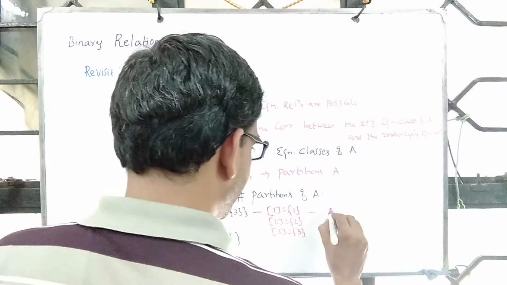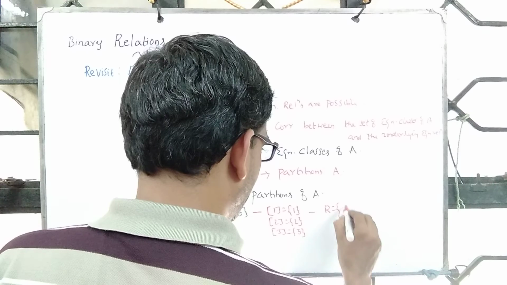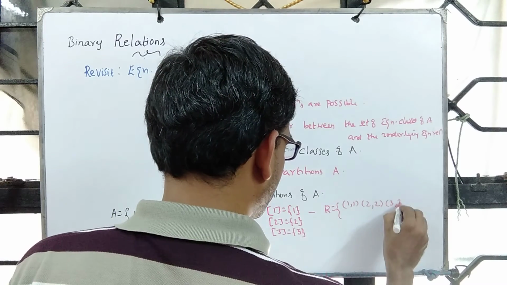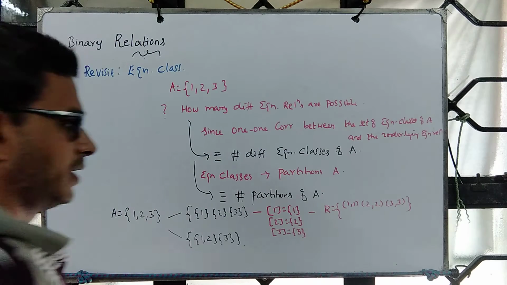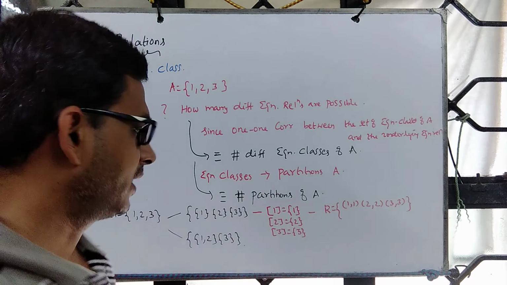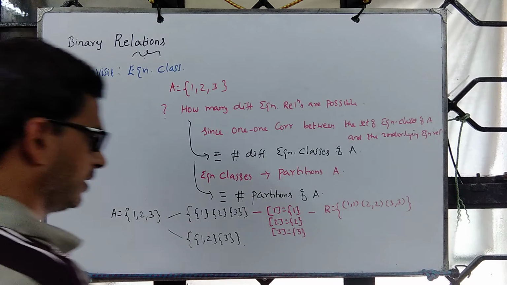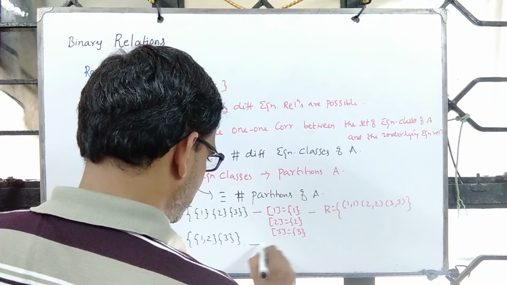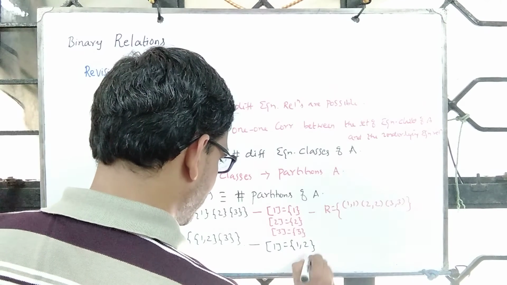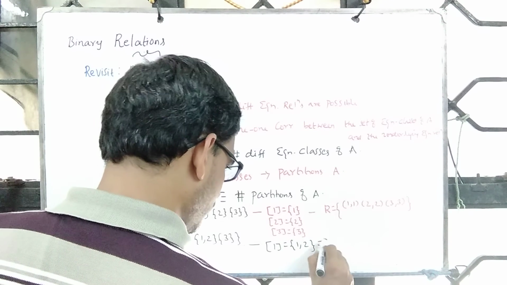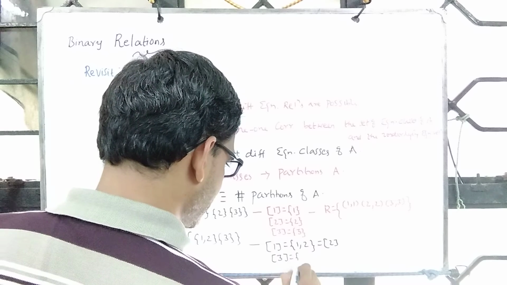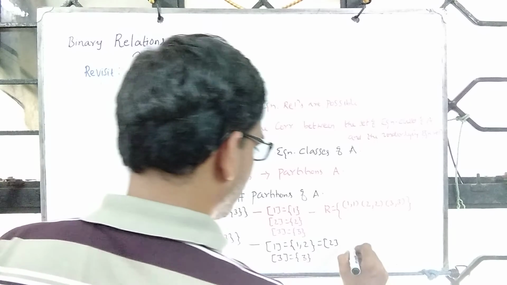This one gives you the relation R equals {(1,1), (2,2), (3,3)}. This connection is what we wanted to bring out through this lecture. This tells you that the class of 1 is {1, 2}, of 2 is also {1, 2}, and of 3 is {3} alone.